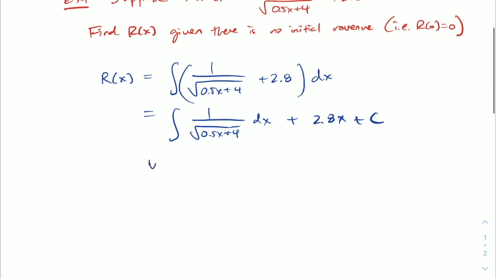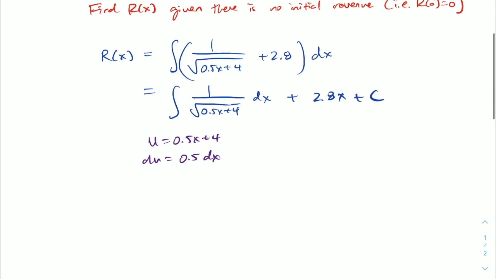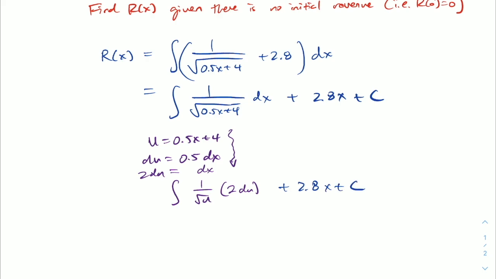We'll set u equal to 0.5x plus 4, and du will be 0.5 dx. The integral becomes 1 over the square root of u, and solving for dx, dx is 2 du, so all times 2 du. And then we have the plus 2.8x plus c already from above.